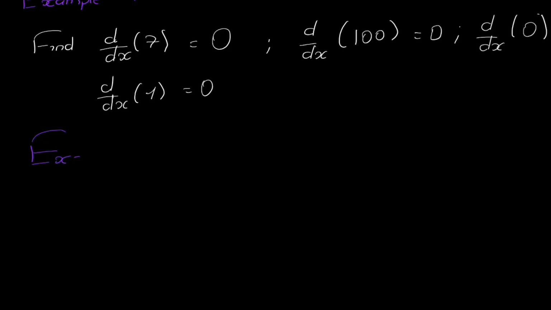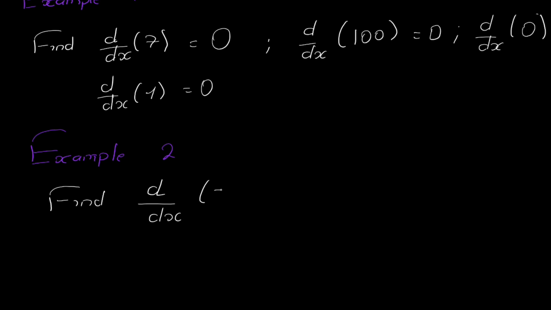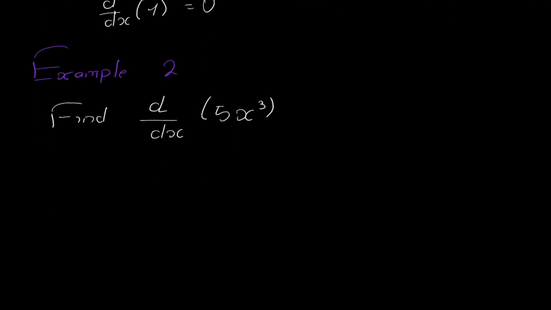Example 2. Find d on the x of 5x cubed. So what can we notice here? In this case, we have a constant 5 which is being multiplied by a function x cubed. And what does our rule state?